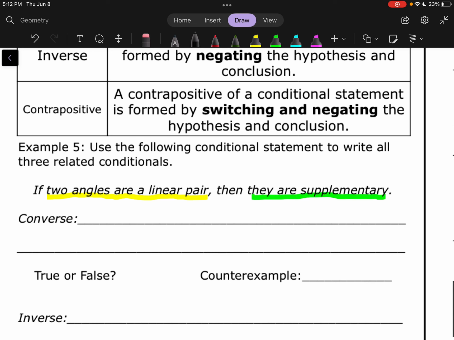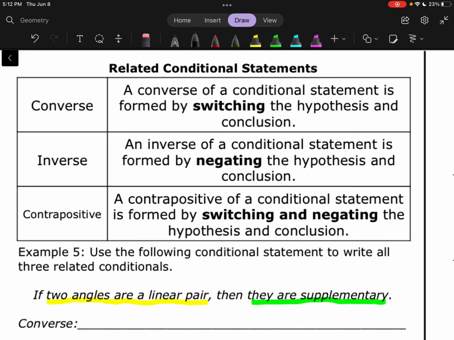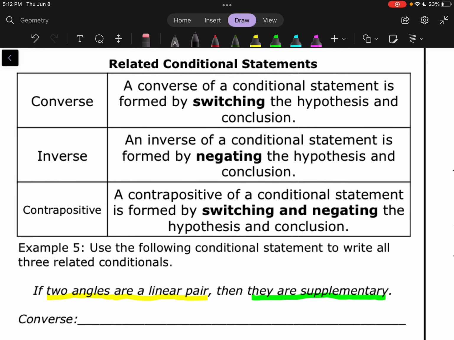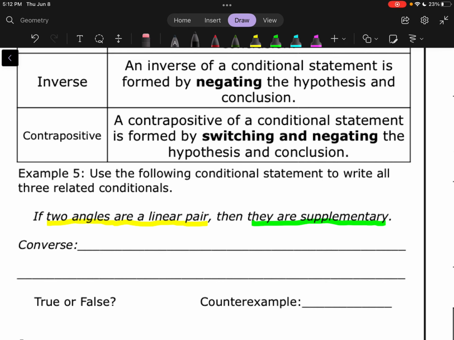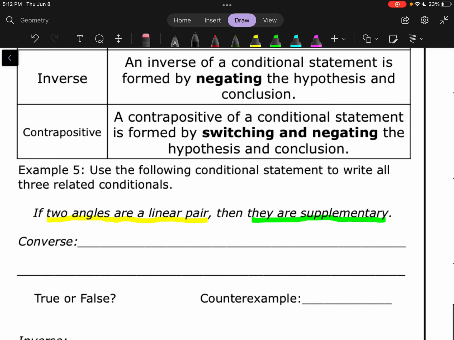So for the converse, remember what we just set up above. We have to switch the hypothesis and conclusion. So if I switch those around, what I would form would be something like this. It's going to be a little bit weird, but I'm going to leave the 2 angles part up at the front just for phrasing.